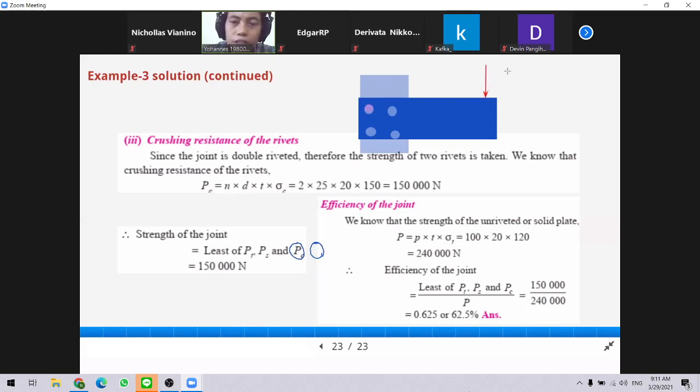This is not a longitudinal load, but it is an eccentric load because it has a distance between the center of the joint and the load. So it has eccentricity here. Okay, so this will be our topic in the next discussion.